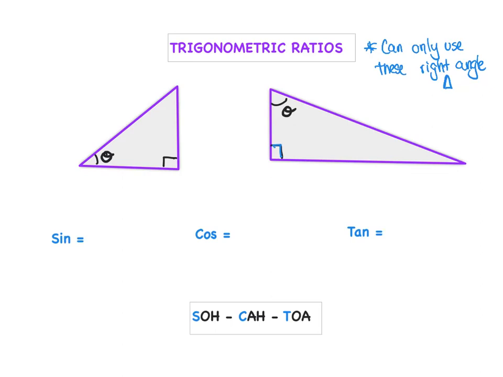We've already done this a little bit with our Pythagoras. Who can tell me what the side opposite the right angle was? Good, it was called the hypotenuse. So I'm just going to give it an H. The other two sides we label according to which angle they're giving me.